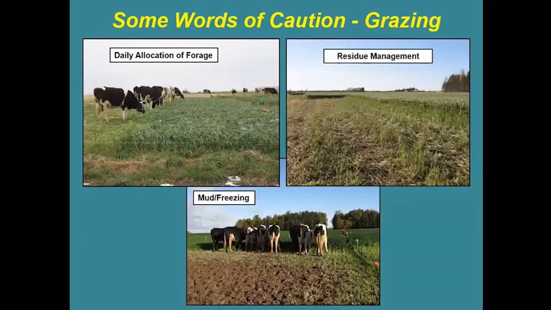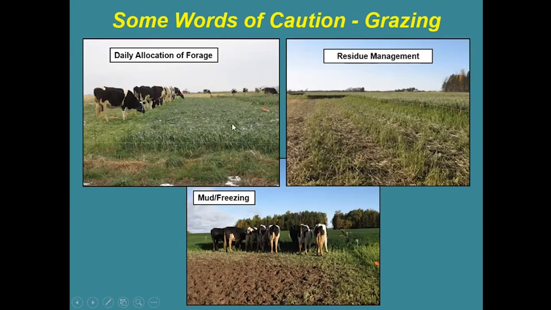There are some other cautions or limitations. One is the daily allocation of forage. If you permit these cattle access to the entire pasture, when you have this high growth, they will make a huge mess out of it. So a lead wire is probably advised to improve utilization and prevent waste. The second thing is you do have to manage this residue.